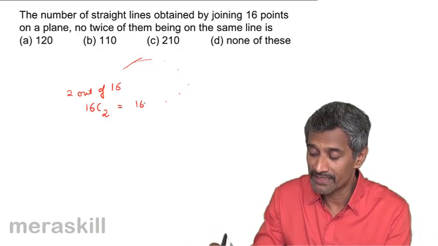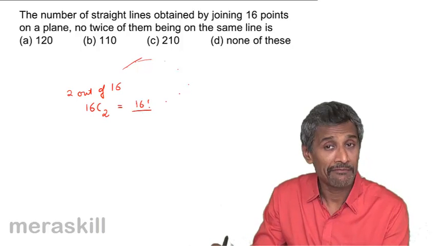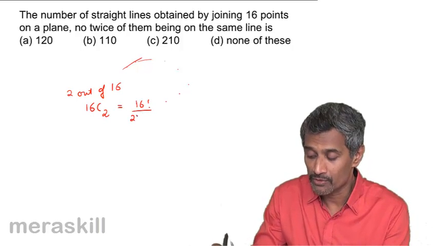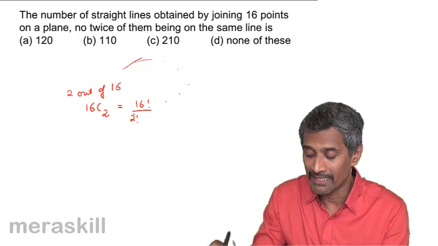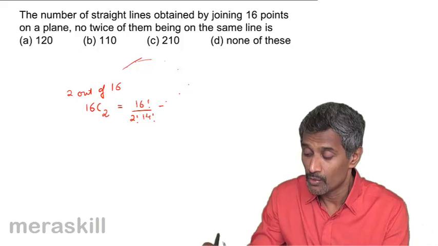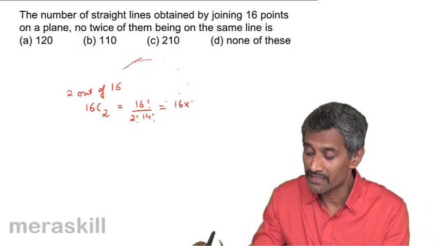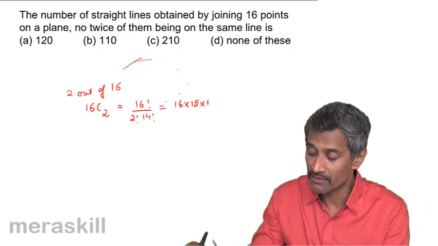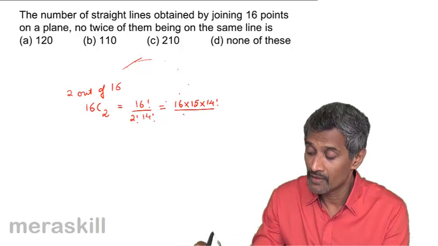This will turn out to be n factorial upon r factorial, 2 factorial, into (n minus r) factorial, that is 16 minus 2, 14 factorial, which works out to be 16 into 15 into 14 factorial upon 2 into 14 factorial.